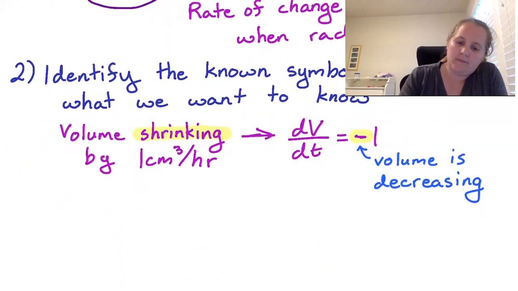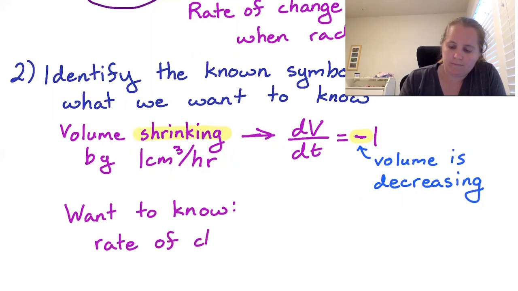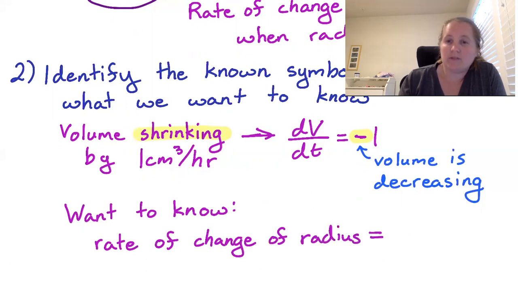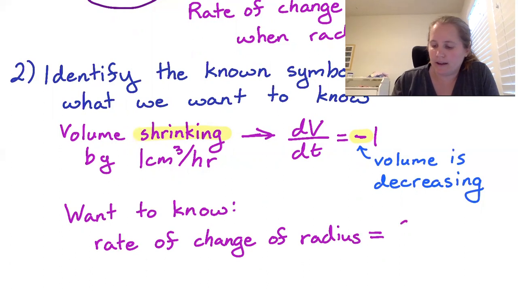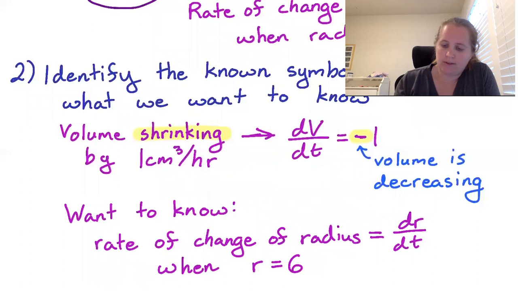And then we want to know the rate of change of radius. So the rate of change of radius, we're looking at dr/dt, if r is the radius, when the radius is 6, so when r equals 6.